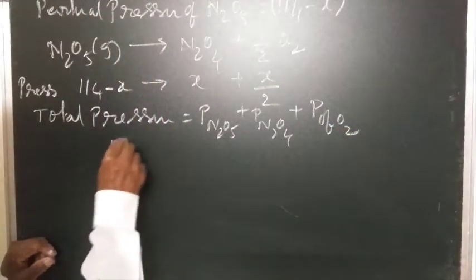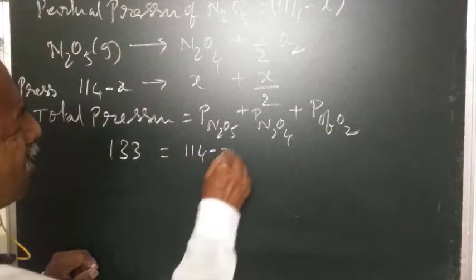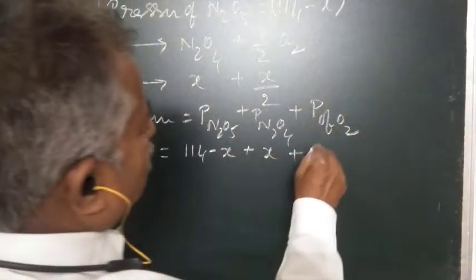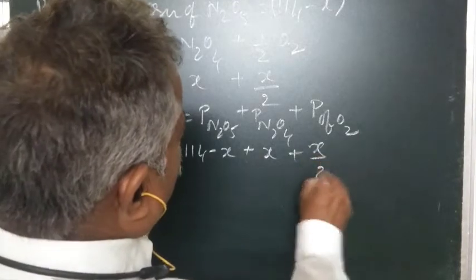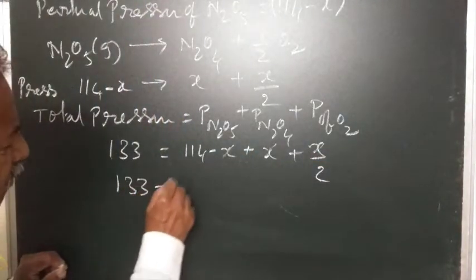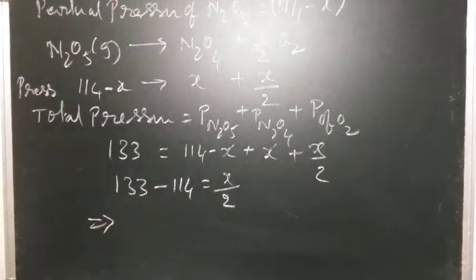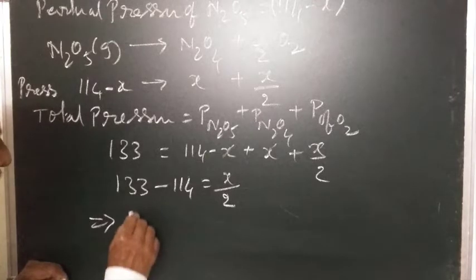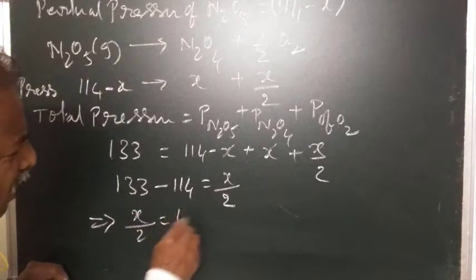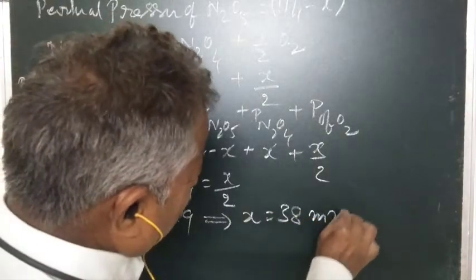Here total pressure is 133, pressure of N2O5 is 114 minus X, plus X, plus X by 2. So plus X minus X get cancelled. So 133 minus 114 equal to X by 2. Implies X by 2 equal to 19. Implies X equal to 38 mm.